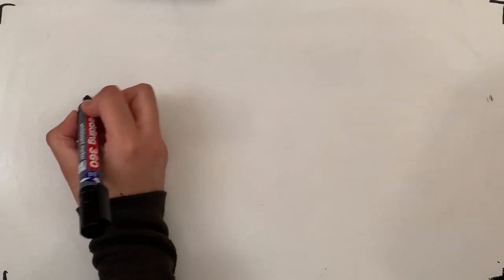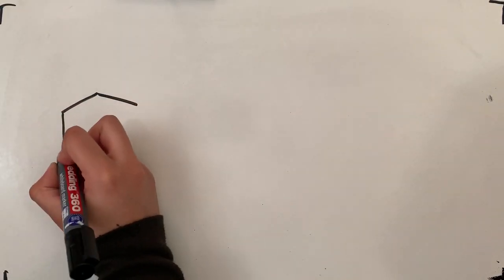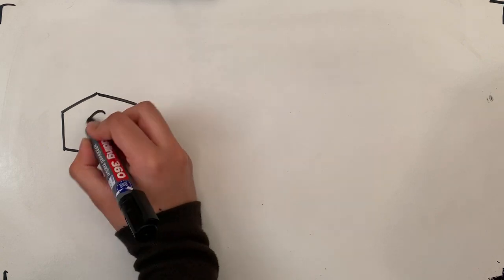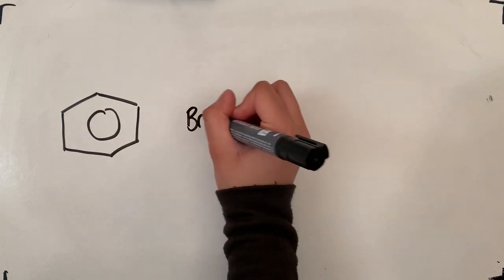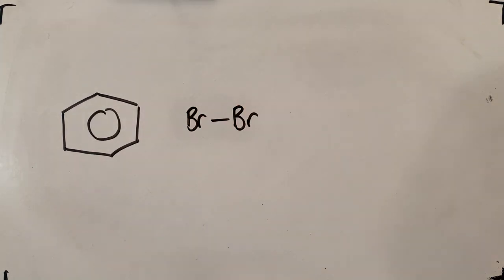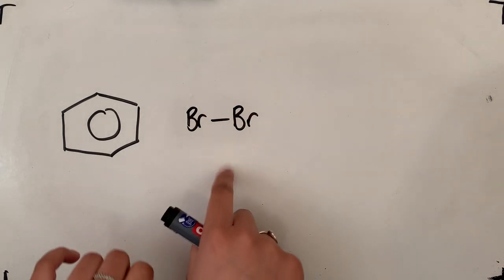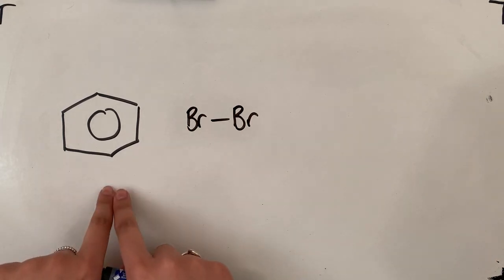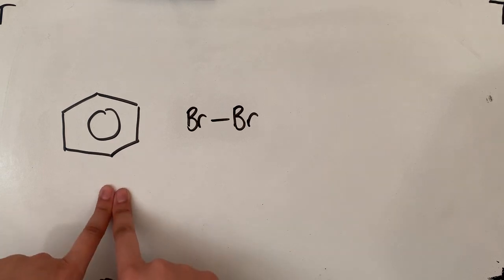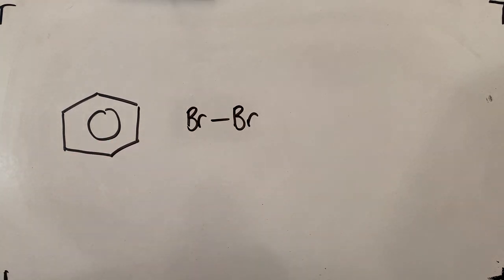Now let's have a look at benzene. So again, in this reaction, we've got a halogen, a bromine molecule in this case, and we've got our benzene. Now, if you remember, in this reaction we usually require a catalyst.